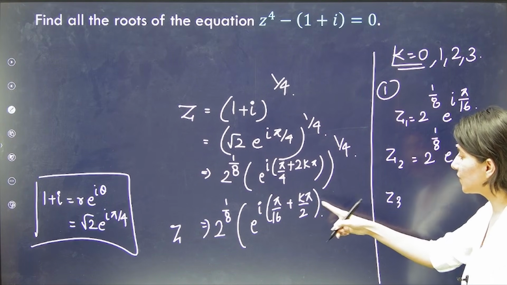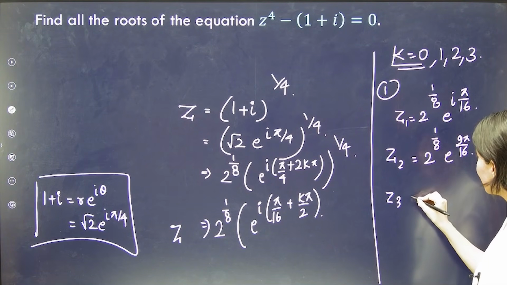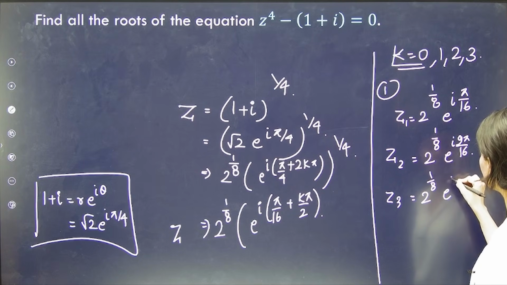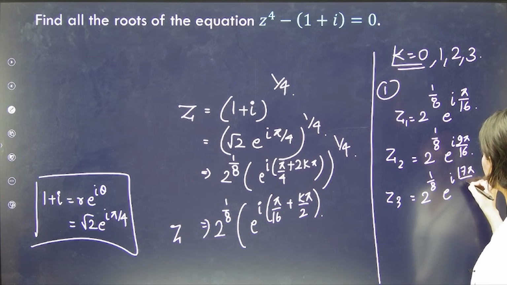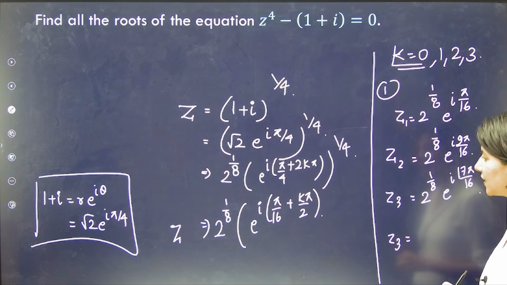Now, k equals 2: pi plus pi by 16, 17 pi by 16. Z3.